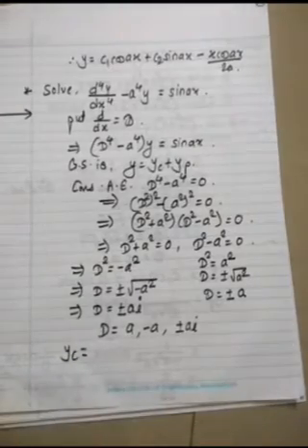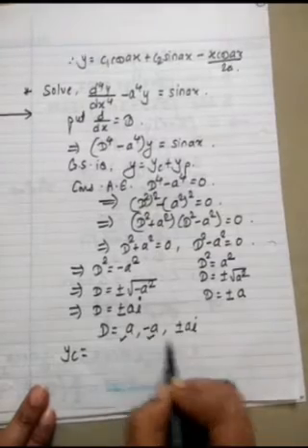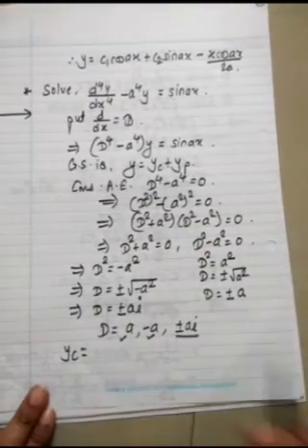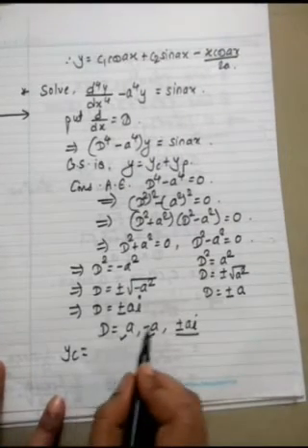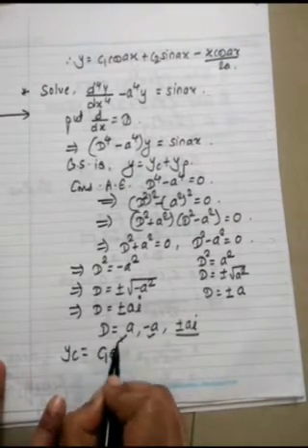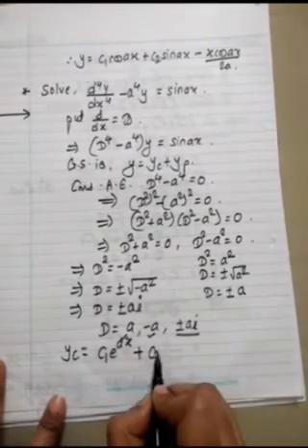Then how will you write yc? The first two roots are real and different, and the other two are imaginary. For the first two, we write C1 e raised to ax plus C2 e raised to minus ax.